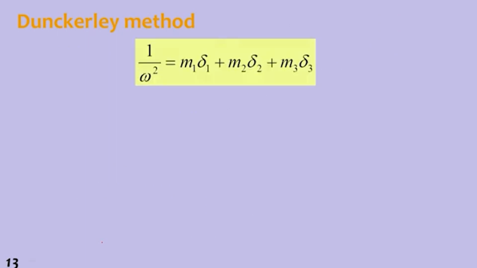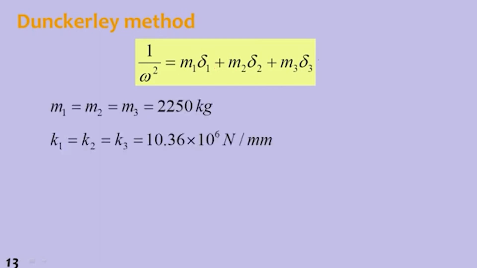Then let us work out Dunkerley's method. In Dunkerley's method, the equation is 1 by omega square is equal to M1 delta 1 plus M2 delta 2 plus M3 delta 3. M1, M2, M3 are all the same, 2250 kg, and K1 is equal to K2 is equal to K3, that is equal to 10.36 into 10 to the power of 6 Newton per millimeter.